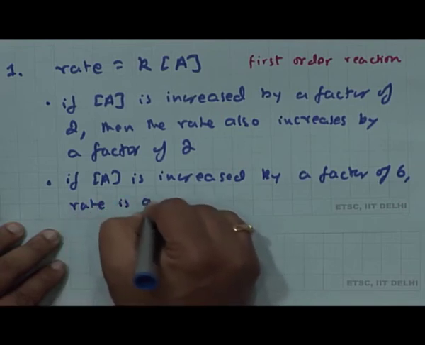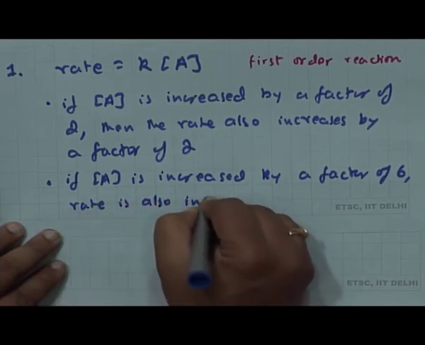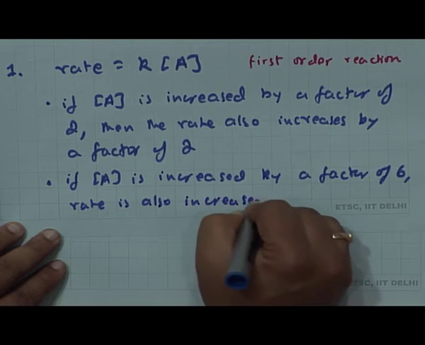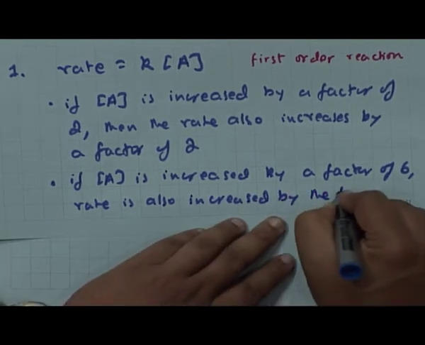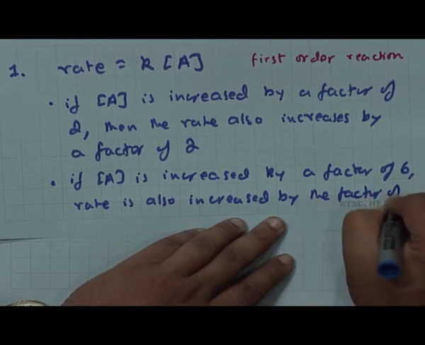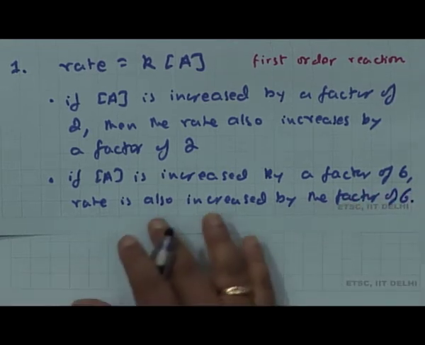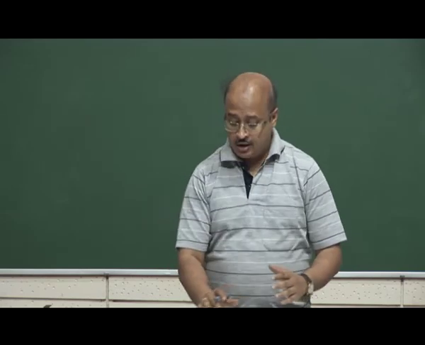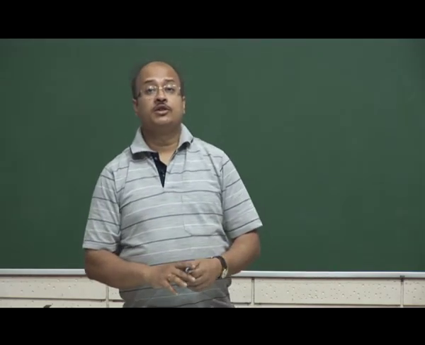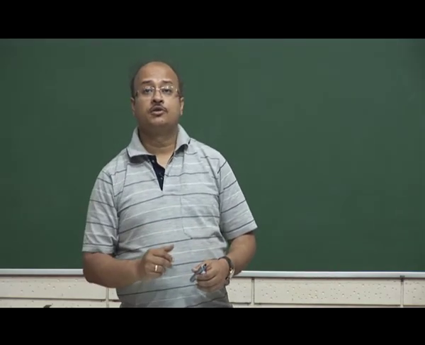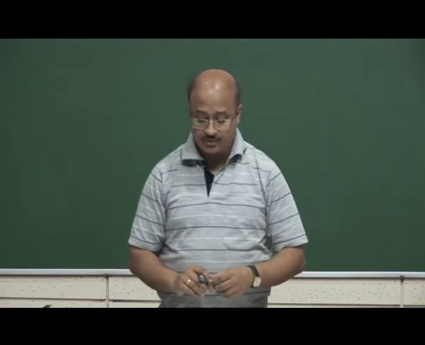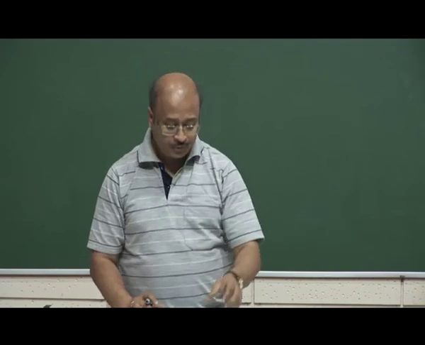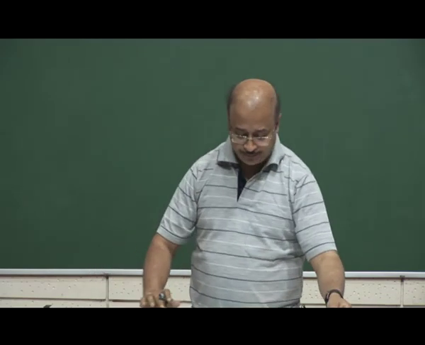So, when the concentration of A was increased 2 times, the rate was increased 2 times. When it was increased 6 times, the rate was increased 6 times. This is the concept behind a first order reaction.